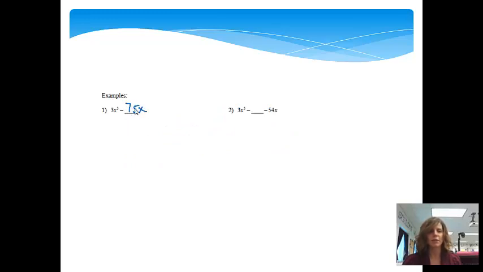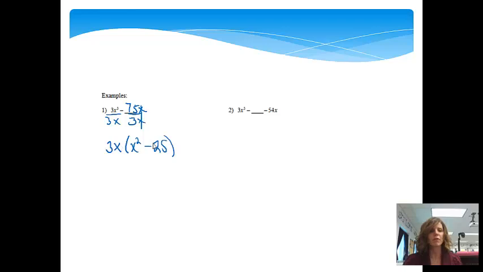Okay, the first thing that we definitely want to do is look for a GCF. I notice that 3 will go into both of the numbers, and if I'm going to pick x cubed or x, it's going to be x because that's the smaller power, and then we'll divide both terms by 3x. So when I do that, I'm going to get 1x squared minus 75 divided by 3 would be 25, and then the x's cancel out.